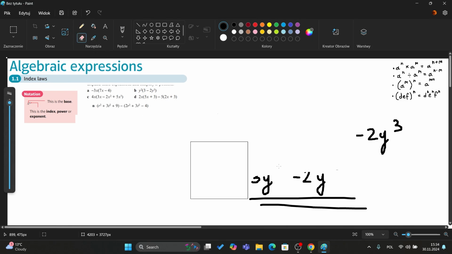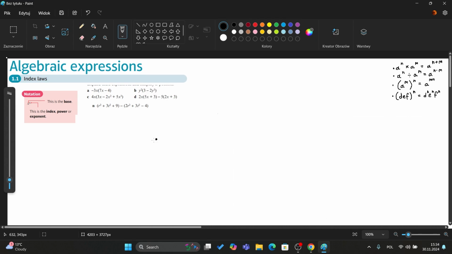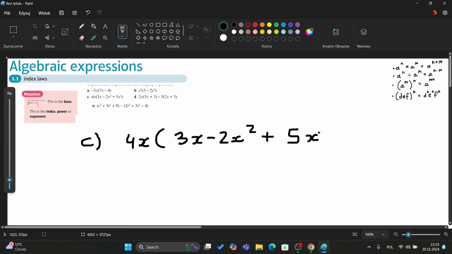Next question. For x, 4x times 3x minus 2x squared plus 5x cubed. What happens here is we just multiply more. It's the same concept.